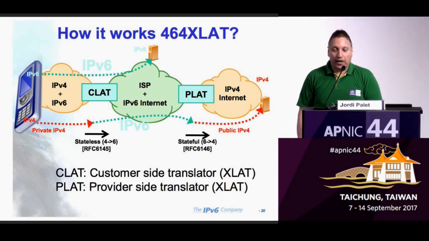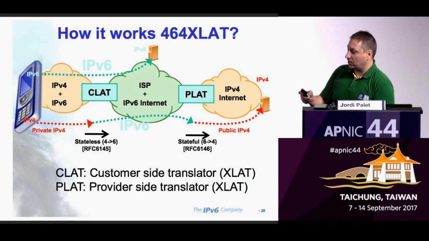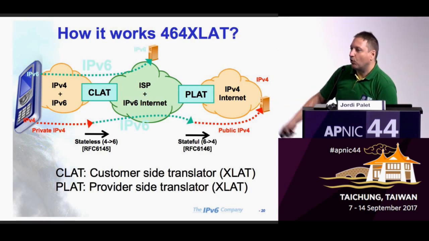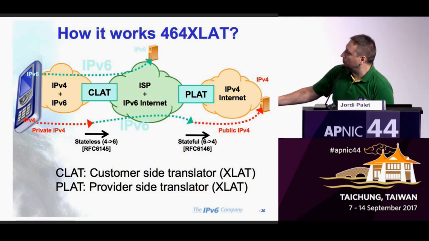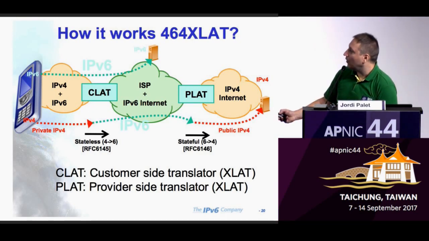Now, we are not saying it's going to the translators all the time. Let's see how it works. One more detail is, of course, the CLAT is doing stateless 4 to 6 translation, and the PLAT is still doing the same as NAT64, the stateful 6 to 4 translation, okay?